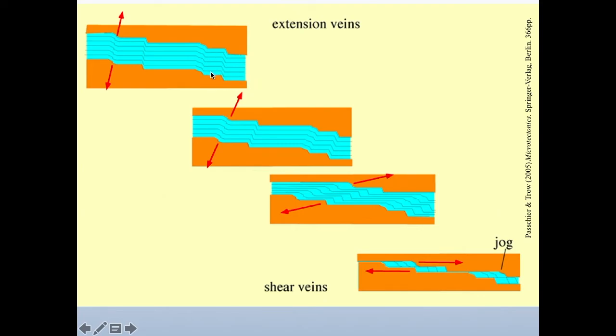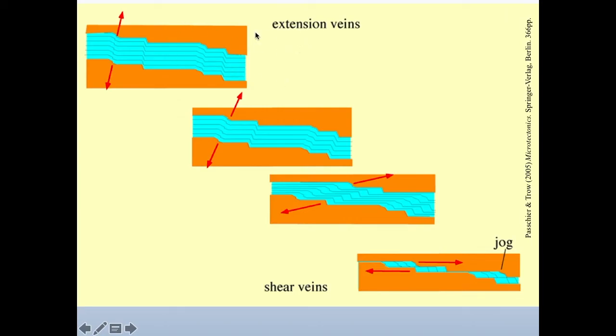And little bits of the wall rock will become incorporated in those veins, and so you can see this record of opening. Based on how these line up, you can see the direction of opening.